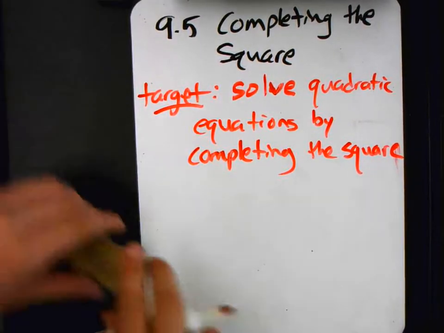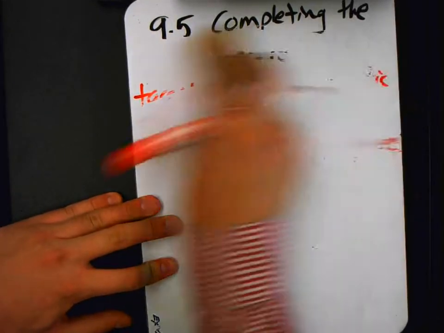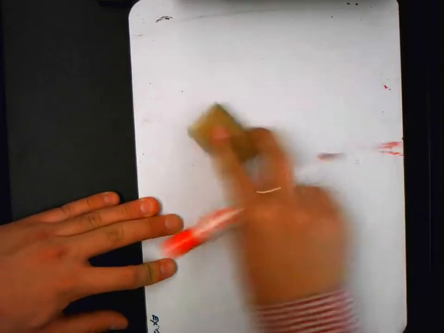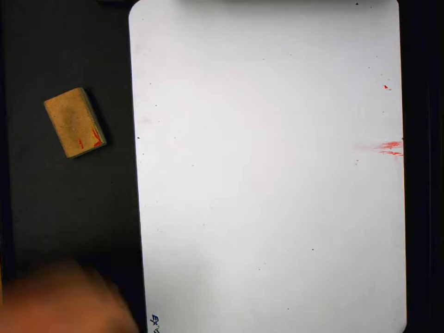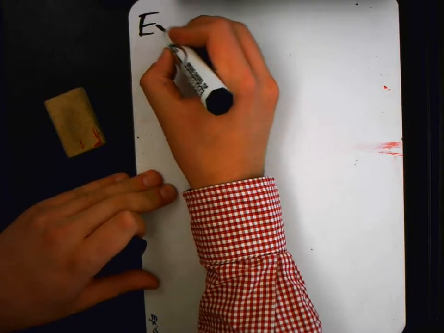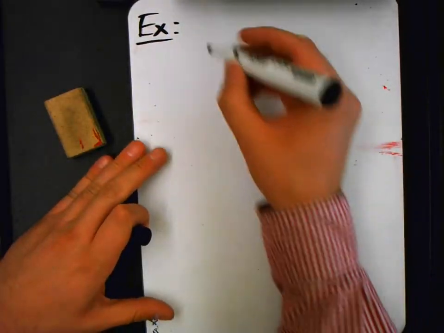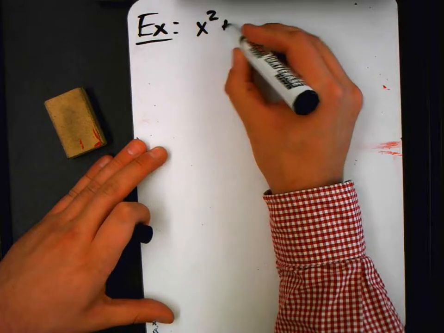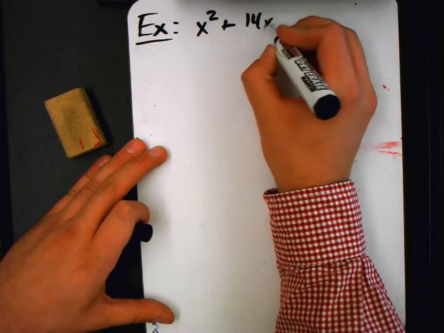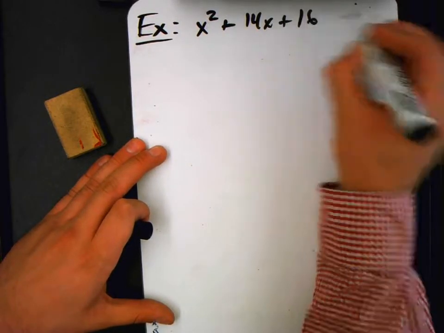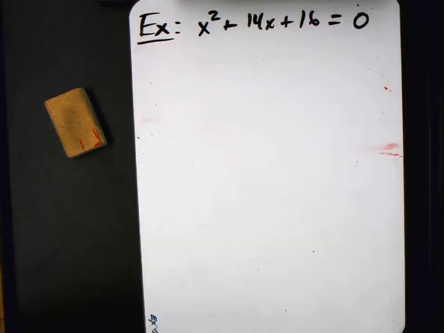Okay, and here we go. Let's say, for example, that we have a quadratic equation that is x squared plus 14x plus 16 equals 0.